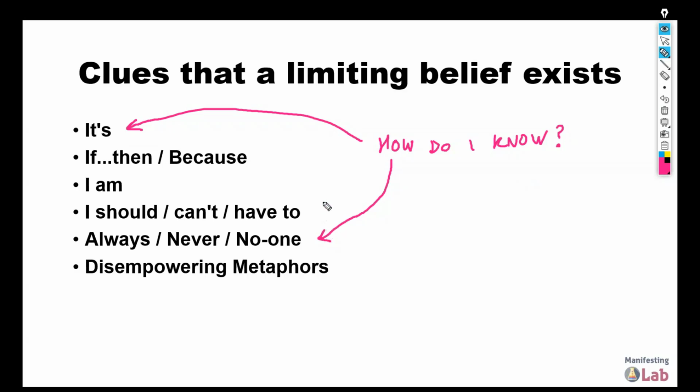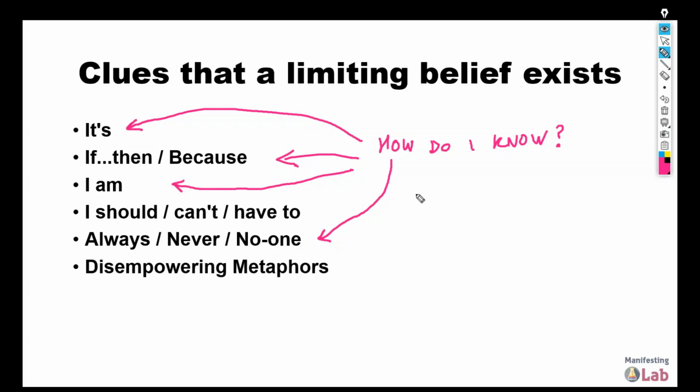Or, if Joe is nasty to me, then I will get sacked at work. Well, how do I know? And I am always unlucky. Well, how do I know? So how do I know is one approach.